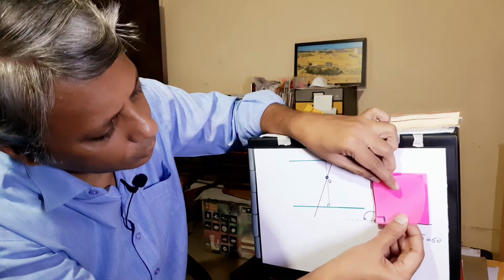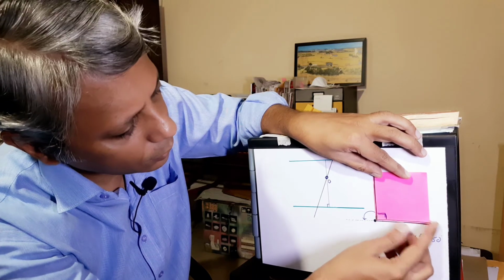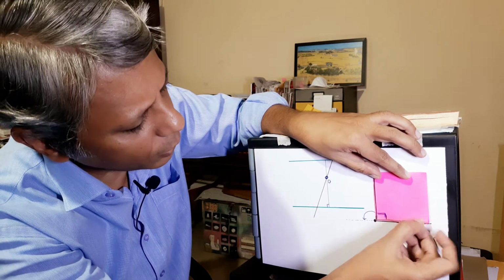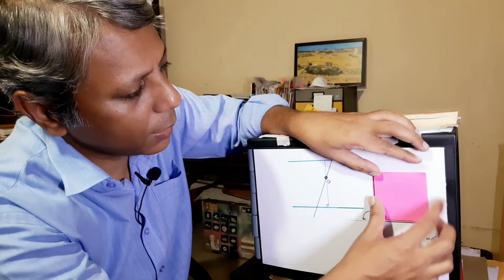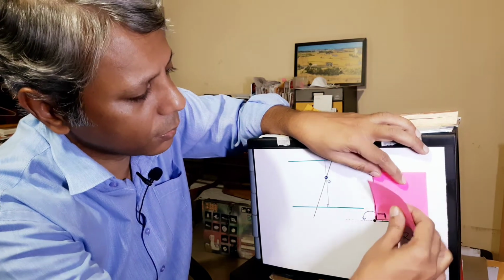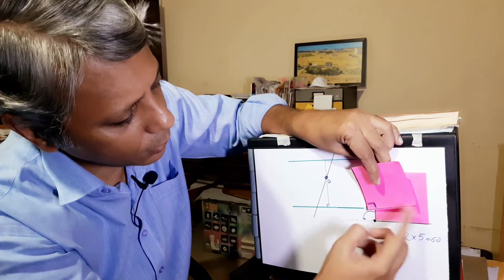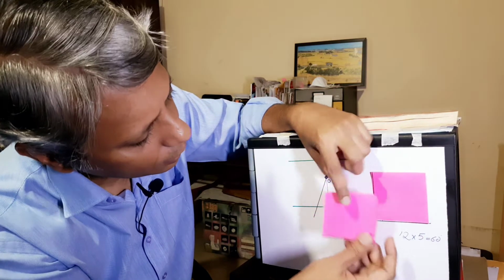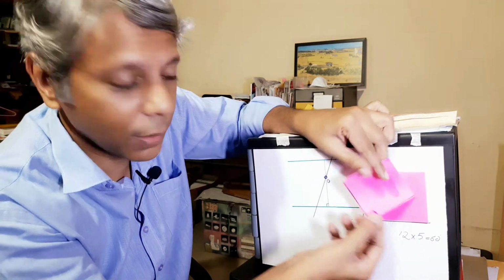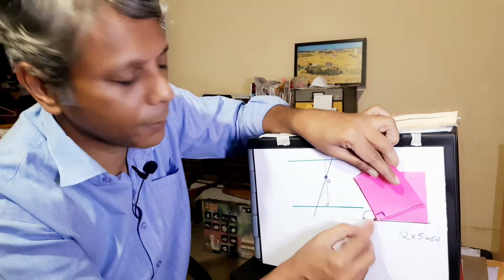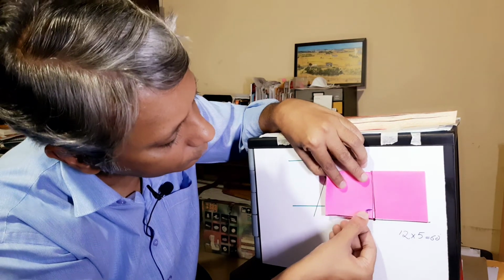And right now I'm placing it right on top of that, not very precisely. So this is 90 degrees. And if I take this out and turn the square such that this edge goes and lines up with this edge, that means I have rotated about this point, I have rotated by 90 degrees.